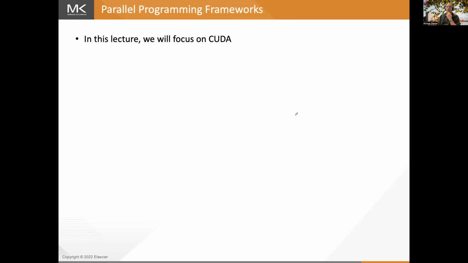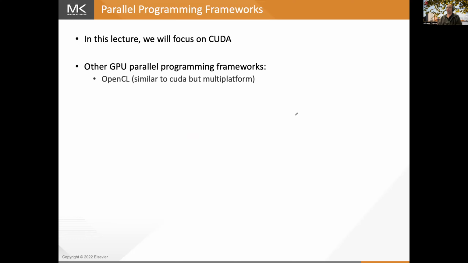So in this lecture and the next one, we focus on CUDA, and this is the only topic that we are going to talk about in GPU computing. But you can also find different GPU programming frameworks. One that I can mention is OpenCL, which is kind of similar to CUDA, but it is multi-platform. So you can use OpenCL on different platforms like NVIDIA GPUs, AMD, and Apple, and also embedded devices like FPGAs and so on.